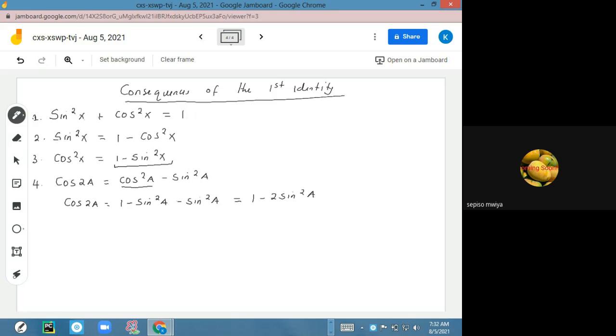Where is it coming from? So we have gotten cos squared a in its form of sine. The consequence of the first identity: if you take sine the other side, you get cos squared x to be 1 minus sine squared x, since we have a positive 1 here. Oh, okay. Thank you.